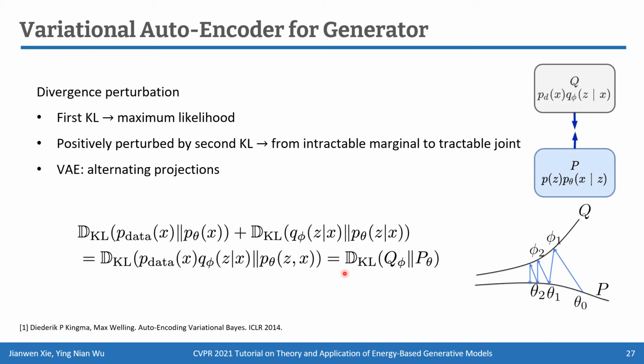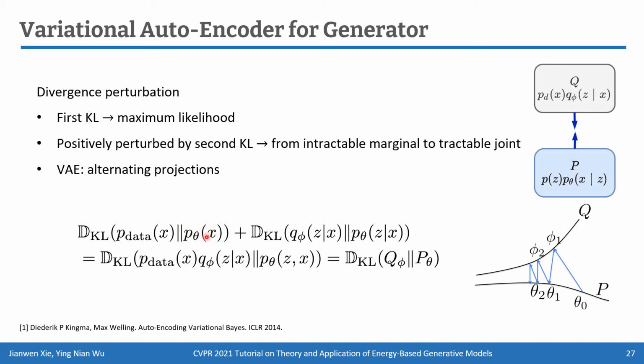Okay, and this joint KL divergence is actually tractable, and this is actually a perturbation of the first KL divergence, between the marginal distribution of the data and the marginal distribution of x according to the model. Okay, again, this is a data distribution and this a model distribution, but both are marginal distributions, and this one is intractable.